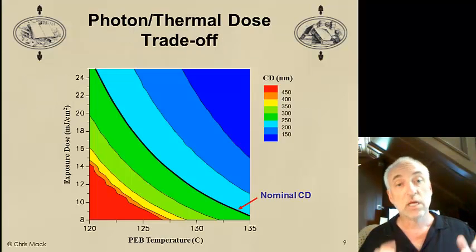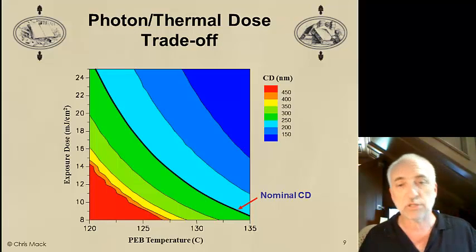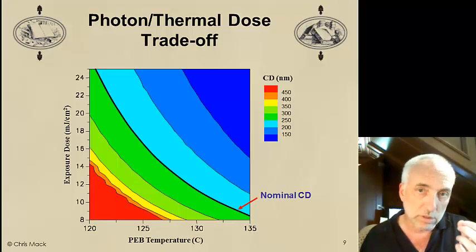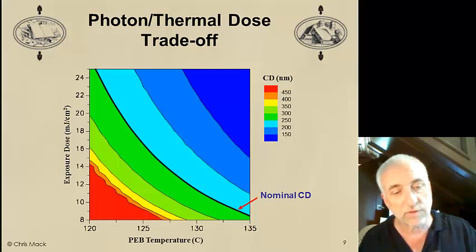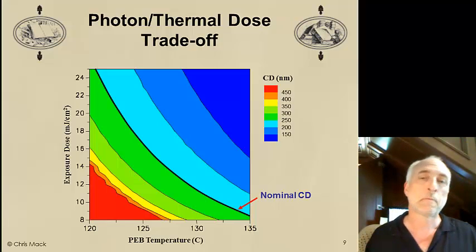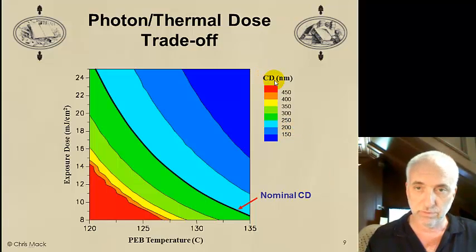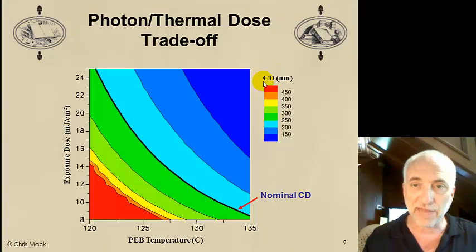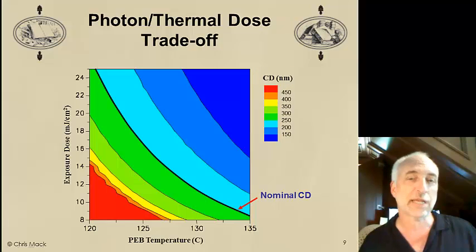And in fact, if I do some calculations of how much exposure dose and how much thermal dose is required to produce a certain feature size, here I show contours of constant feature size of the final printed image. Feature size, of course, the most common acronym in the world of lithography, CD, which is not a certificate of deposit, and it's not a compact disc.